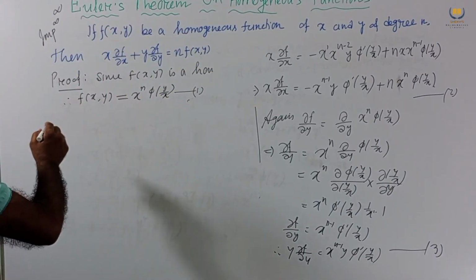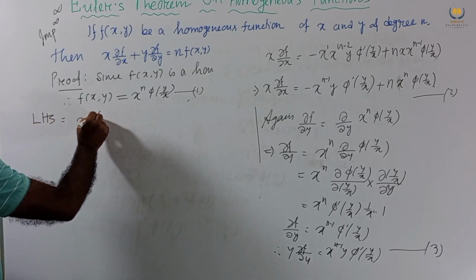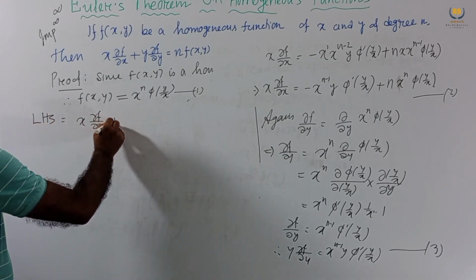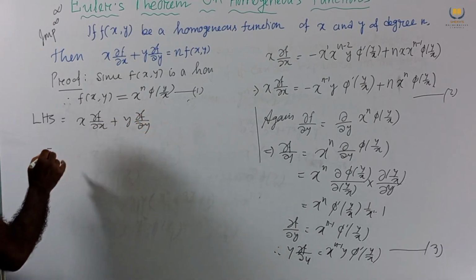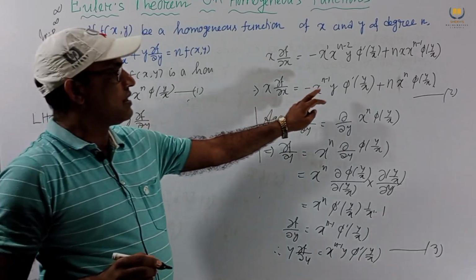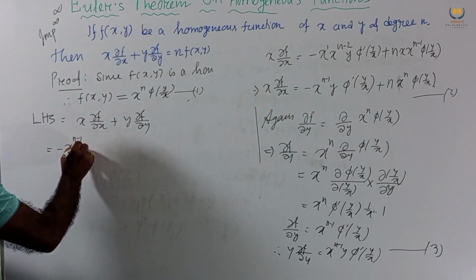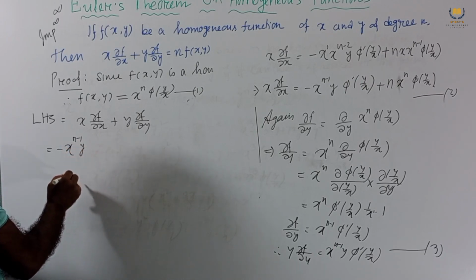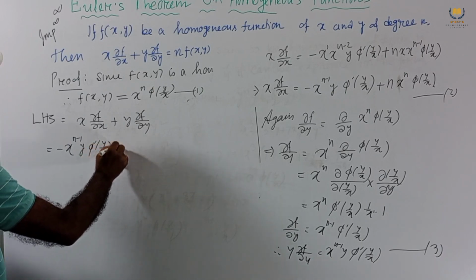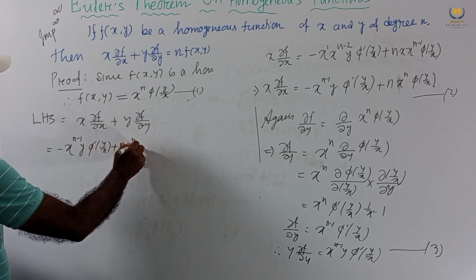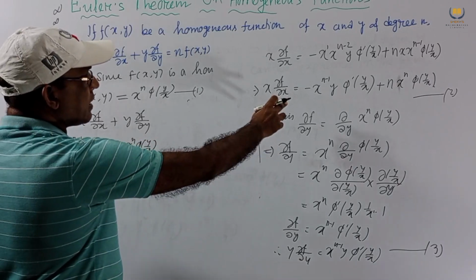Now we consider the left hand side: x del f by del x plus y del f by del y. For x del f by del x, putting this value, minus x to the power n minus 1 y phi dash y by x plus n x to the power n phi of y by x.